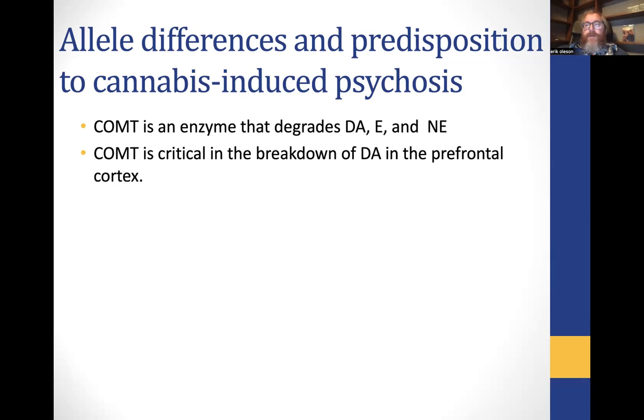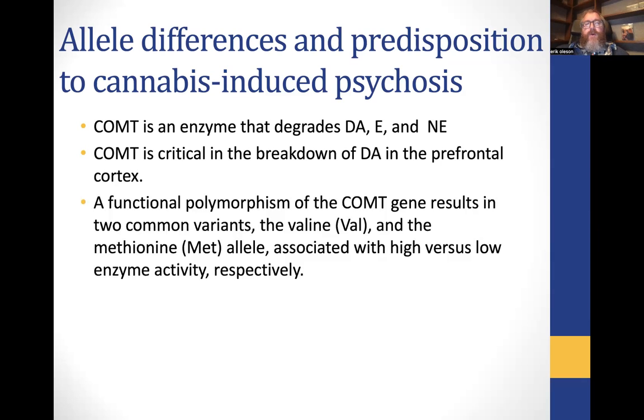This is an enzyme, much like MAO, that breaks down the catecholamines, dopamine, epinephrine, and norepinephrine. So COMT is particularly important for the breakdown of dopamine in the frontal cortex. The main reason people say that is because there aren't as many dopamine transporters up there.